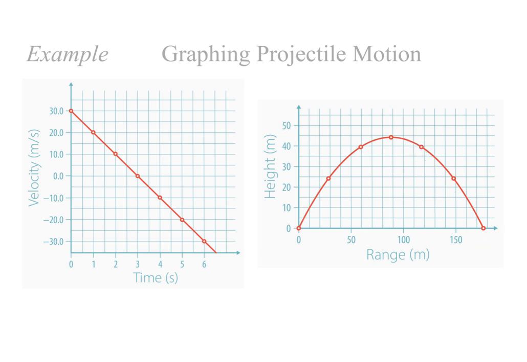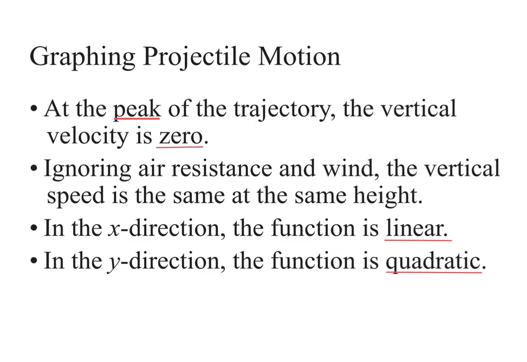So if I compare horizontal to vertical, this is what I'm going to see. At the peak of the trajectory, the vertical velocity is 0. It has changed from going positive to negative. Ignoring air resistance and wind, yes, that is important, the vertical speed is the same at the same height.